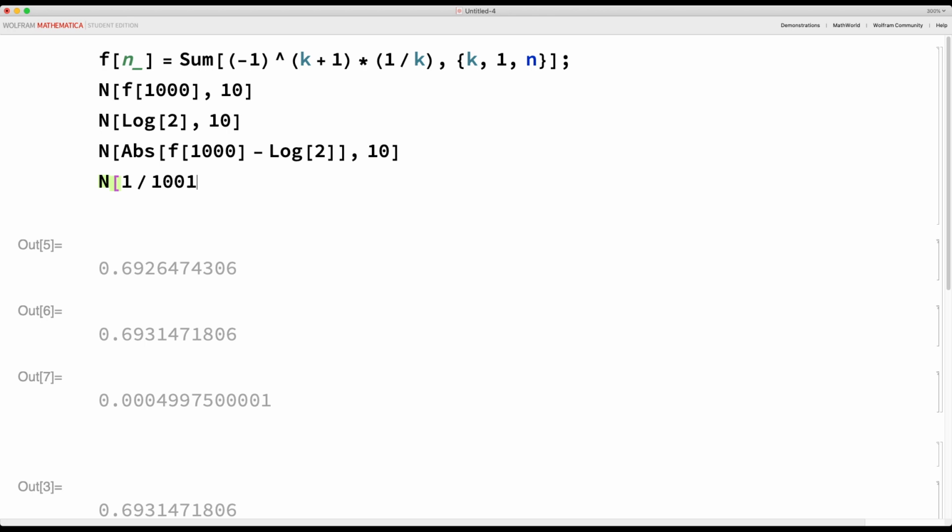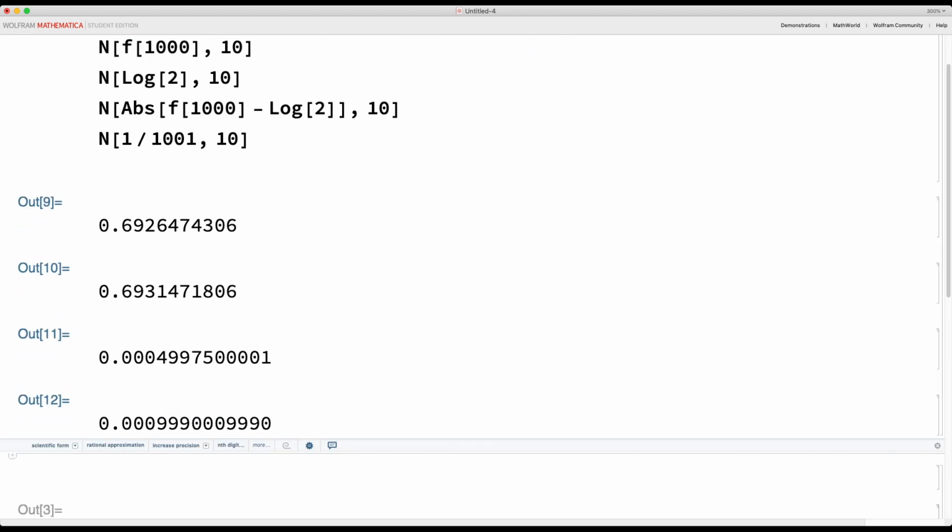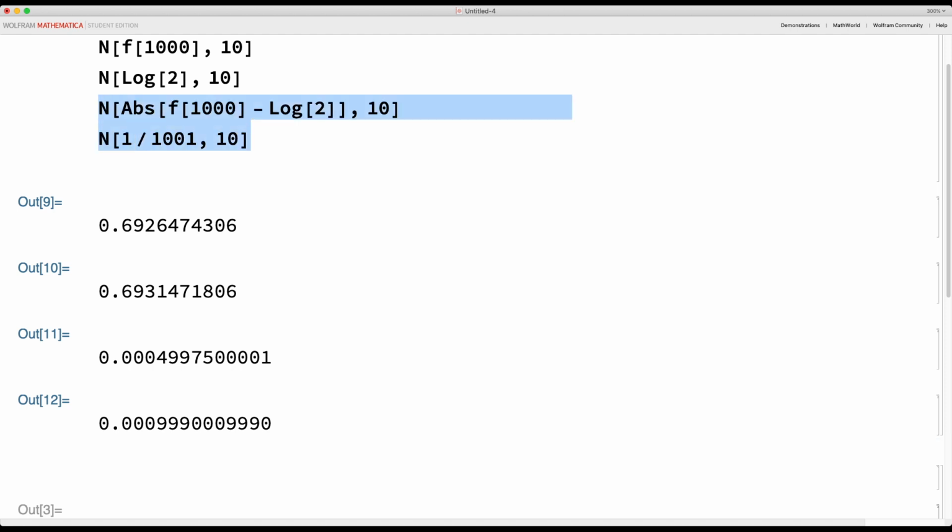Well, let's just compute it to 10 places. Okay, so what I want you to do is concentrate on this number and that number, which I've highlighted their sources on the top there.